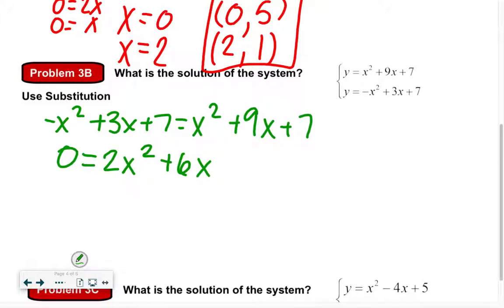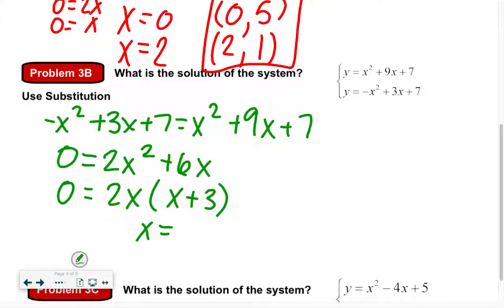Just like last time, can I factor something out? 2x. What's left in my parentheses? X plus 3, good. From there, I get my 2 x's.